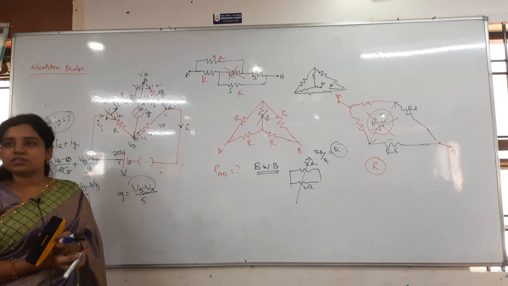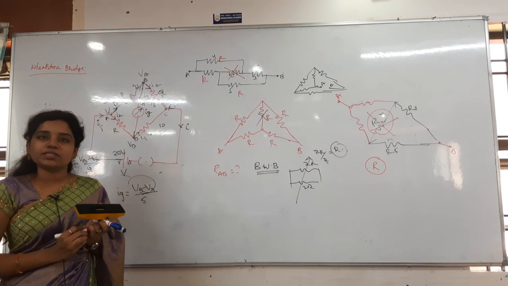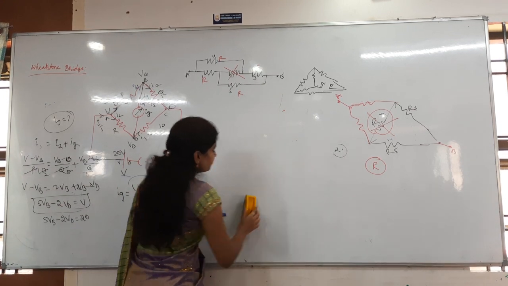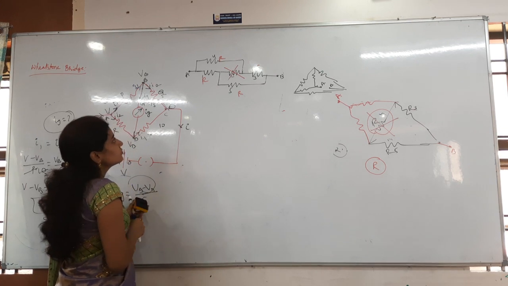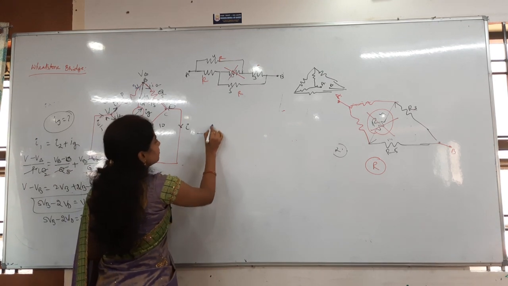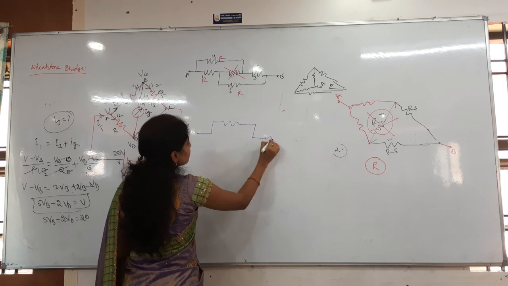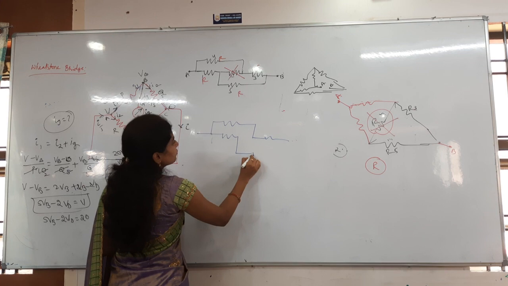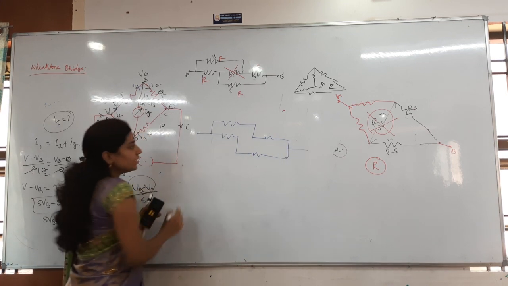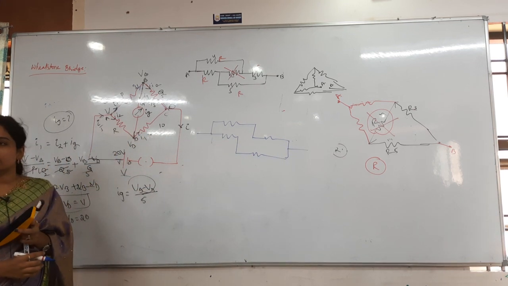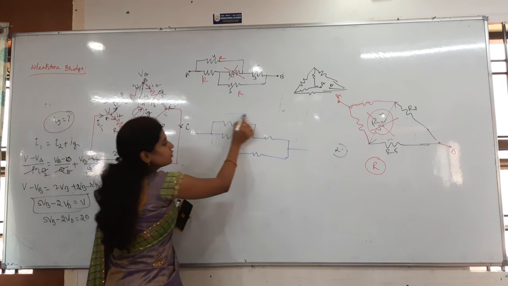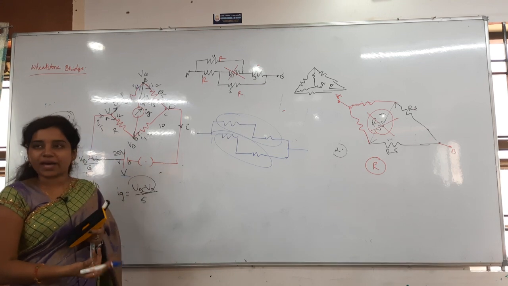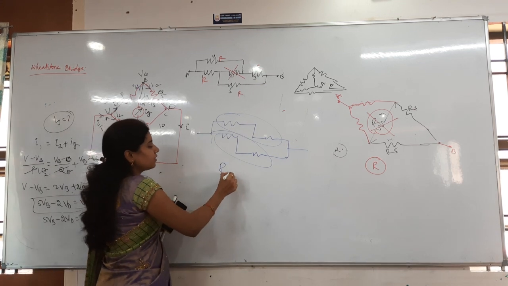Then what is the net resistance now? Net resistance is again how much? R only, right? So here the equivalent circuit will become like this. After removing the second resistance, it will be like this. Now these two are in which combination? Series. Again these two are in series, and everything is in parallel. So what is the net resistance here? R equivalent is equal to how much?